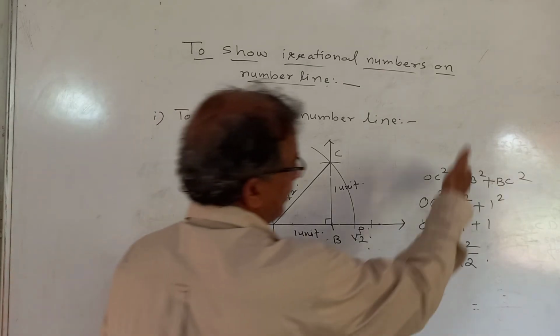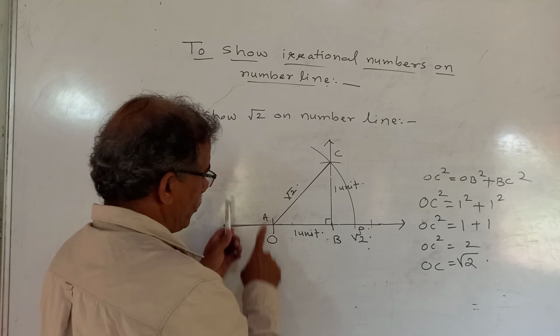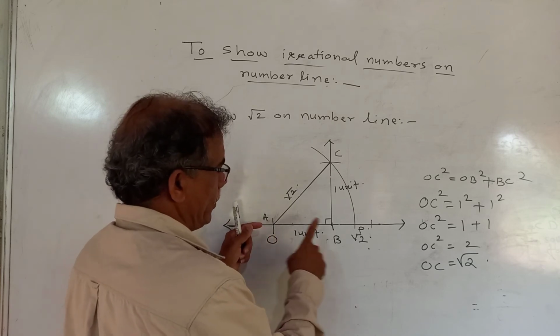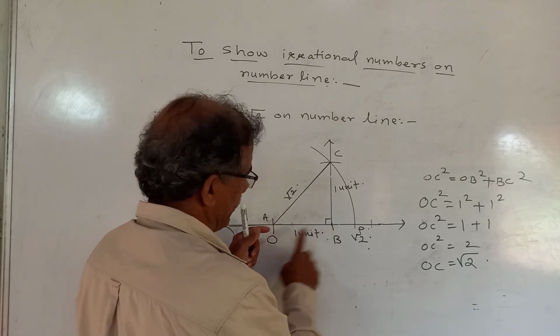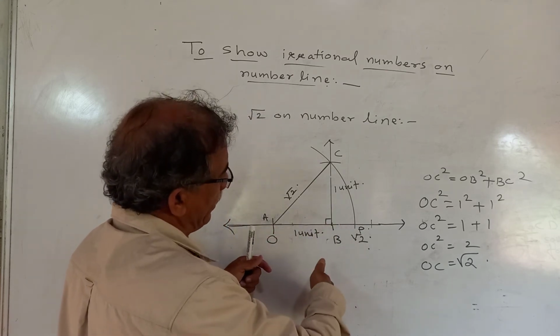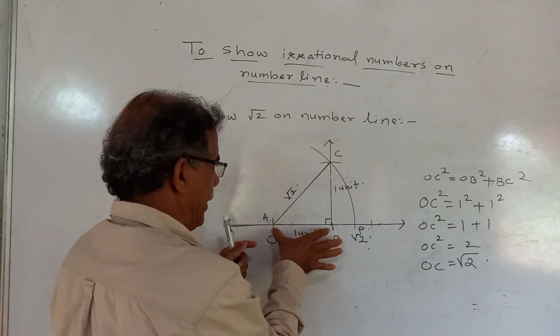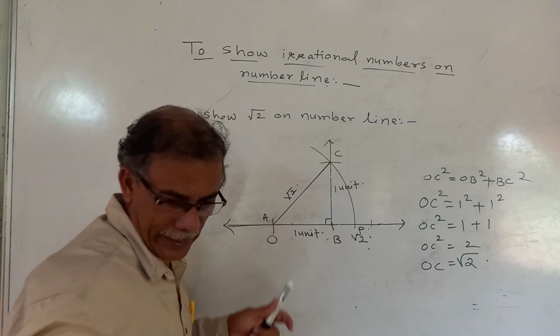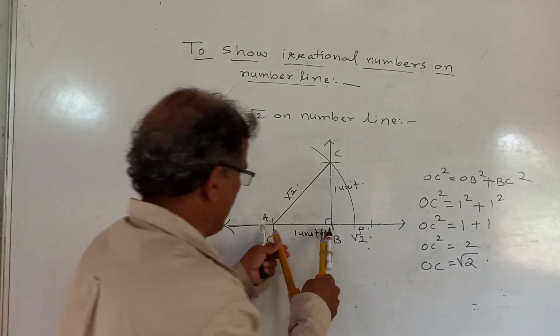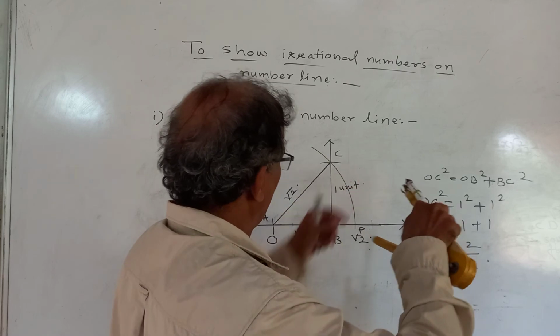Now there is no need to show this calculation. Okay, see what you have to do. From 0, at a particular distance, you mark another point B, that distance being 1 unit. From B you draw a perpendicular to the line, and on that perpendicular, with the help of a compass, you measure this distance, and keeping the compass at B you draw the arc which intersects the perpendicular.